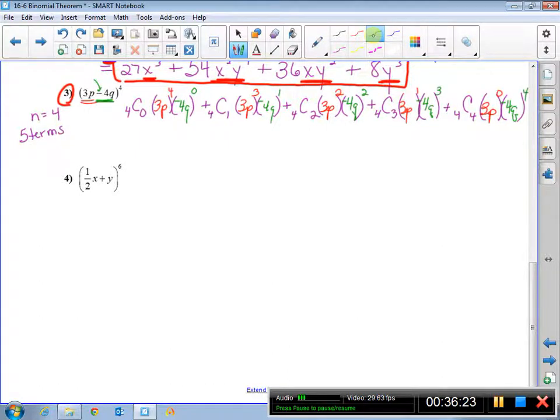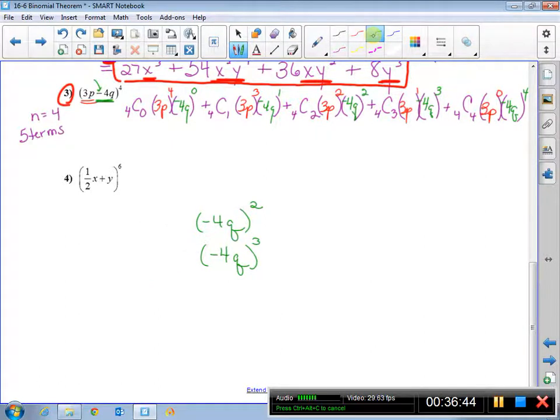All right. Now think ahead. Is it going to make a difference on a negative 4q if you have an even exponent versus an odd exponent? The answer is yes, it's going to make a difference.